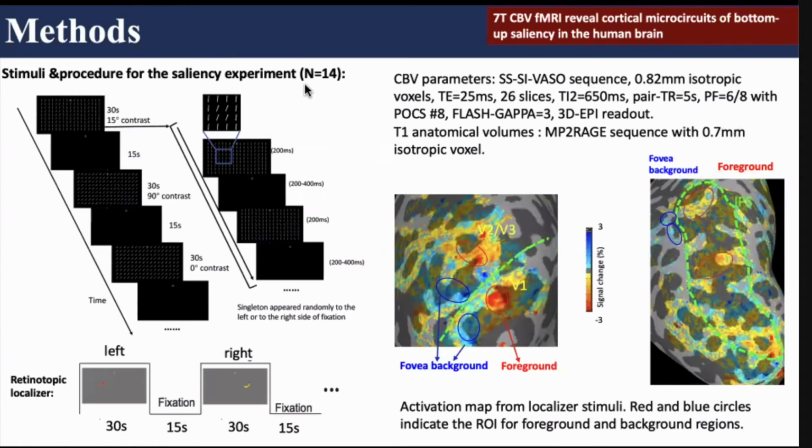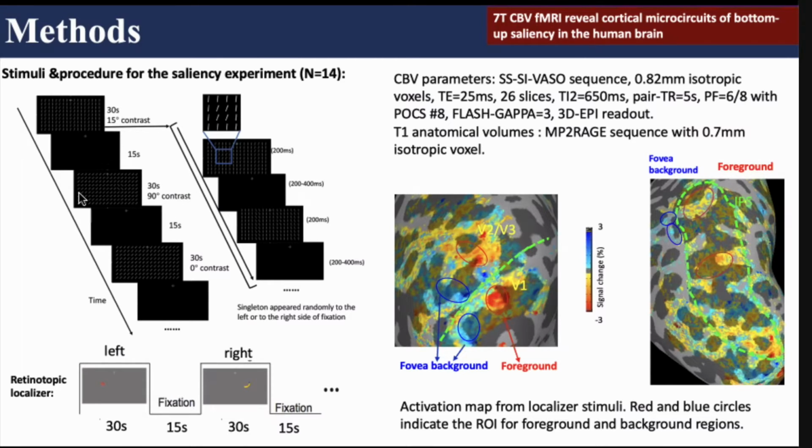So this is the stimuli and procedure for the saliency experiment. The orientation contrast was presented at 0, 15 and 90 degrees of orientation contrast.